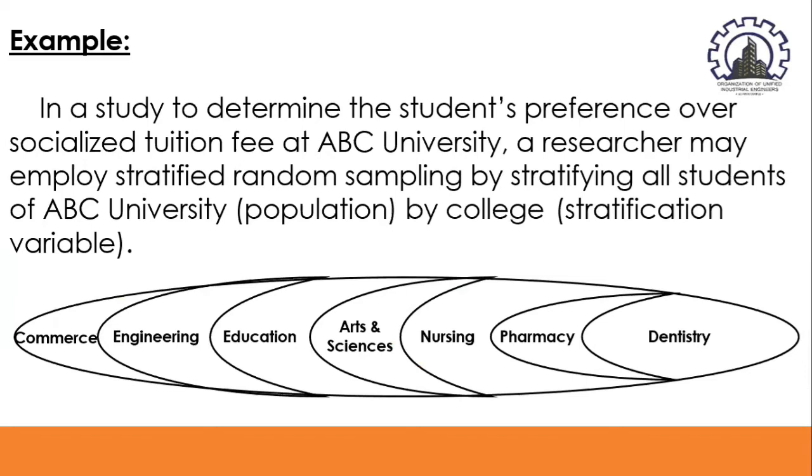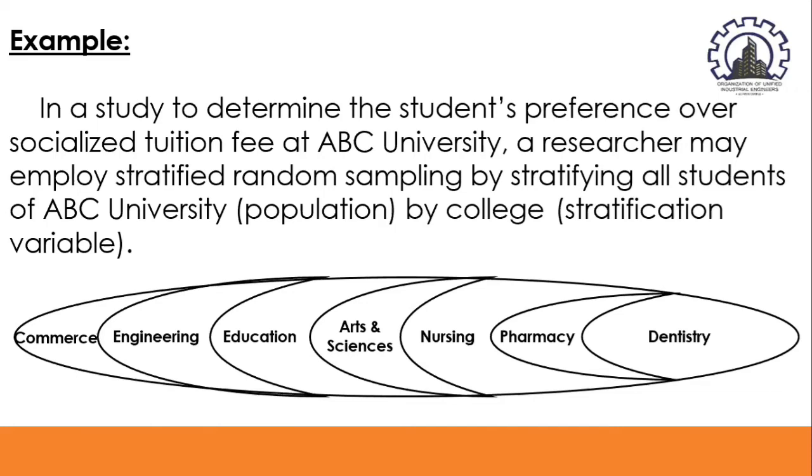Remember, in stratified random sampling, the first thing that you need to do is to divide the whole population into subpopulations or strata. So what we did is we divided it by college. So we have commerce, engineering, education, arts and sciences, nursing, pharmacy, and dentistry.